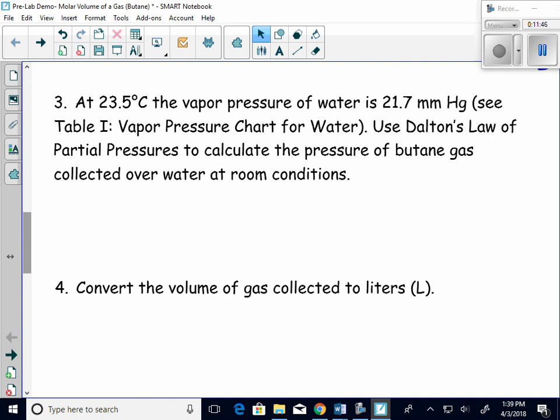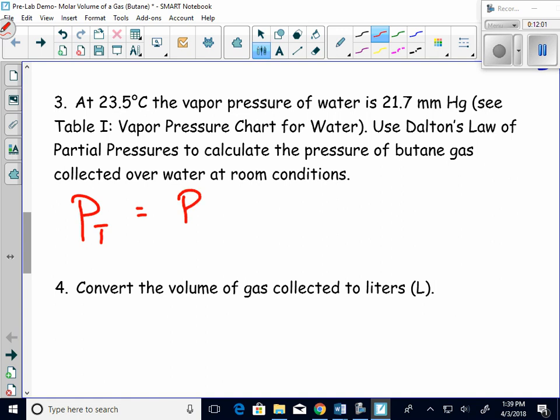At 23.5, would you agree that it's 21.7 millimeters of mercury? All right, so my total pressure is equal to the pressure of the butane plus the pressure of the water. Well, I just figured my total pressure, didn't I?